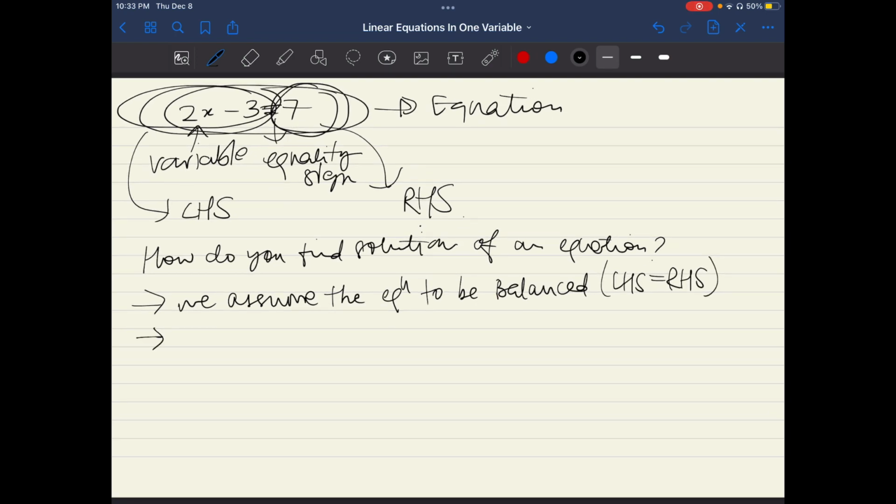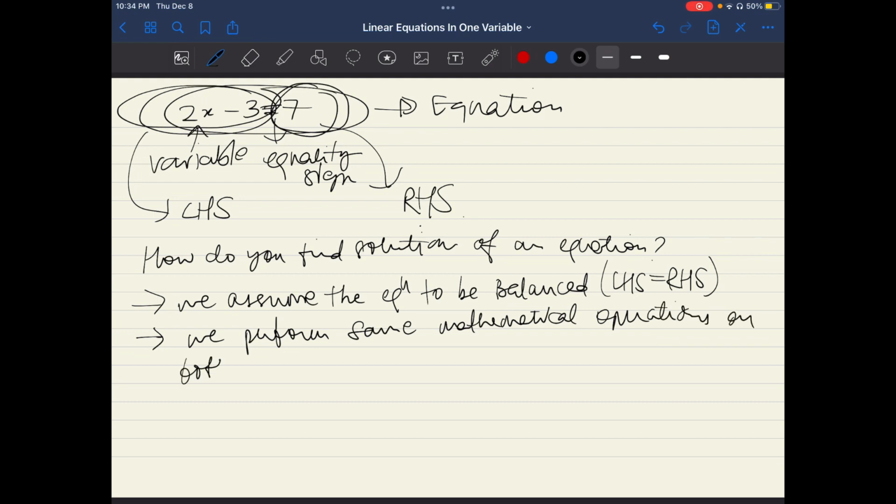And the second step is that we perform same mathematical operations on both sides of the equation so that the balance is not disturbed.